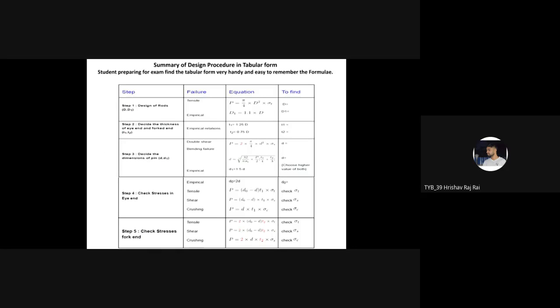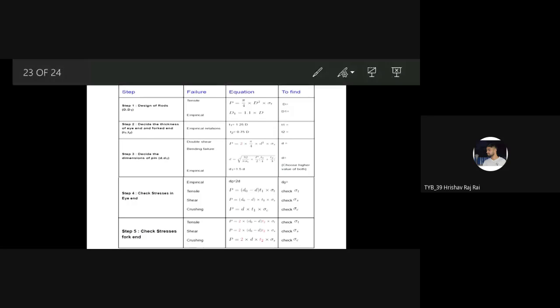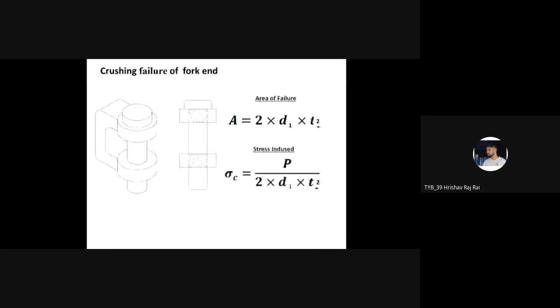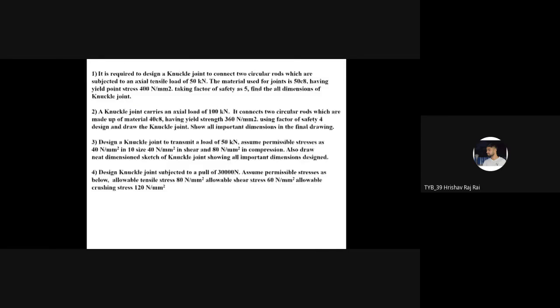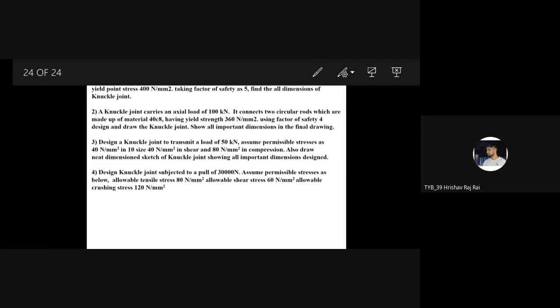Finally, all these formulas are mentioned in one table, all the steps in this design. So we can go through this, and later on we'll see the problem in the next lecture.